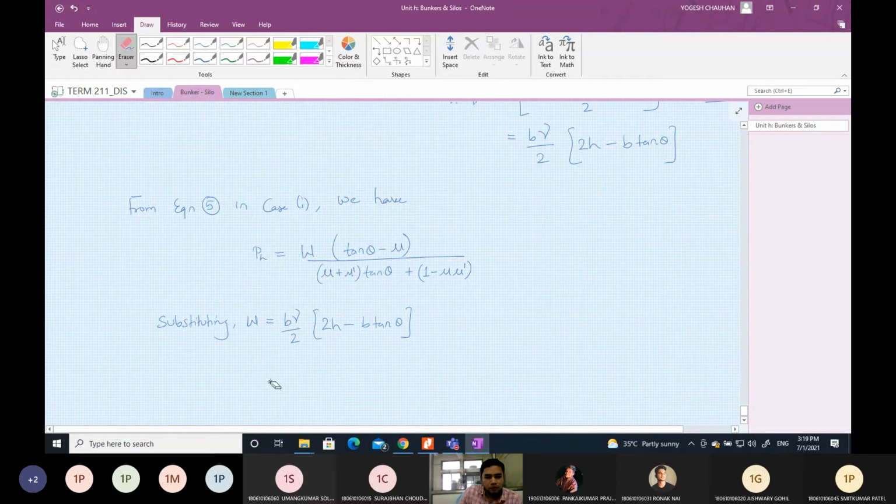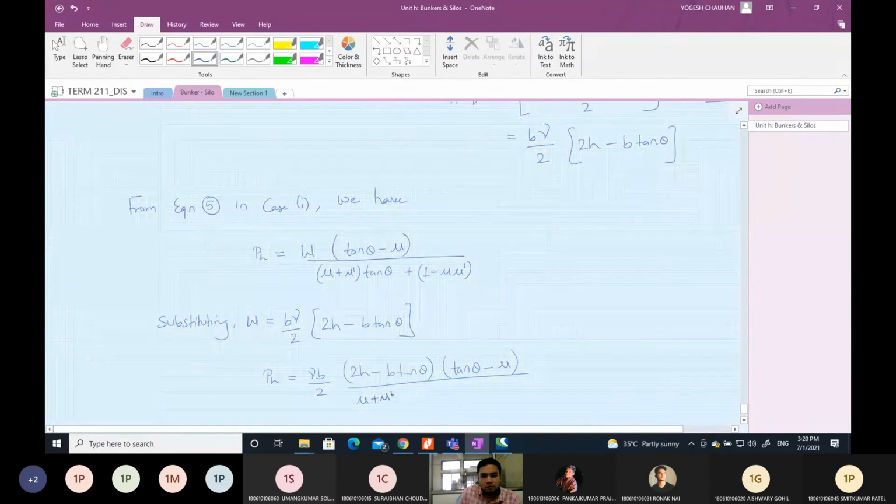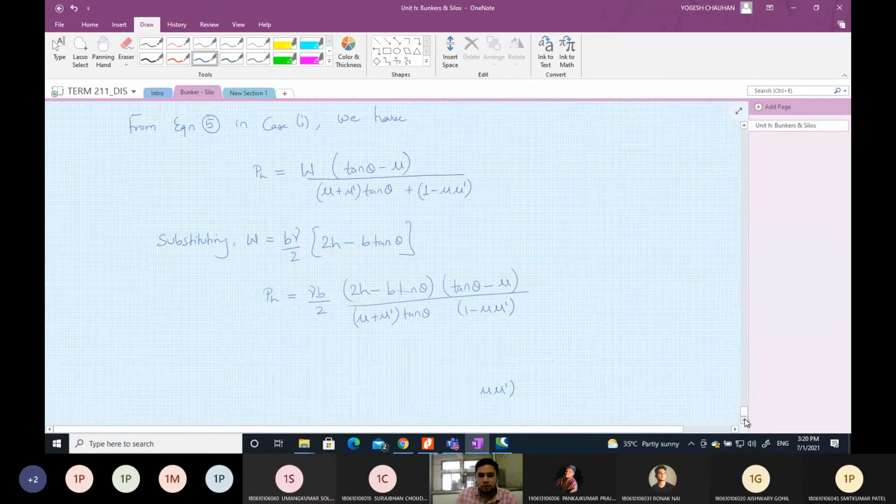So your pH will now be equal to gamma B by 2 into 2h minus B tan theta, into tan theta minus mu, whole divided by mu plus mu dash tan theta plus 1 minus mu times mu dash. Okay, mark this as number 3.